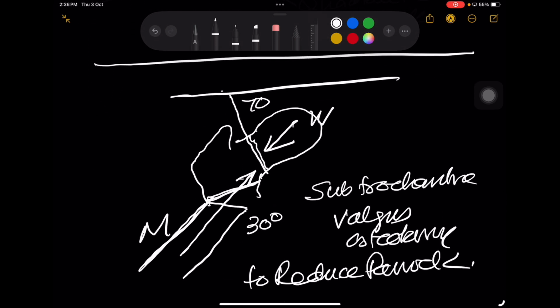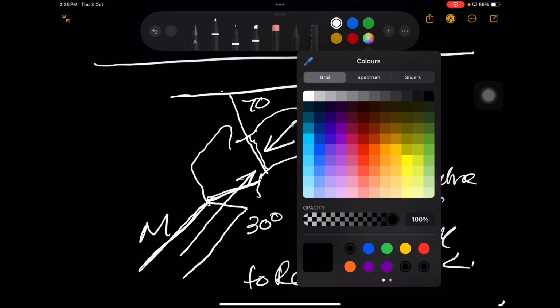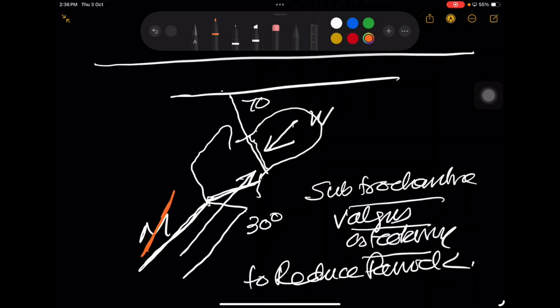The alternative is that you can do a subtrochanteric valgus osteotomy, and you see how the muscle force acting like this would start opposing the weight.